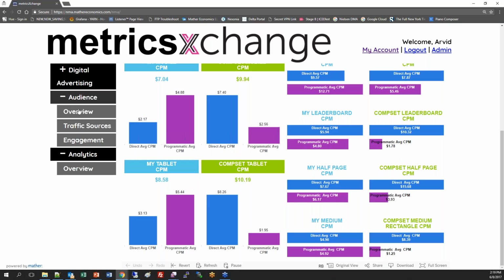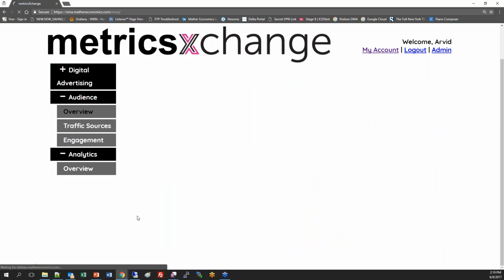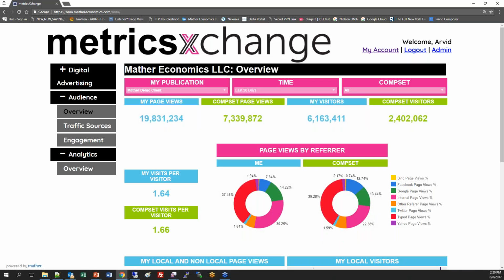So to move on, let's go to audience just to keep this thing rolling. Here we switch from the ad side over to the audience analytics. Initially we start with the basic page views and visitor counts.